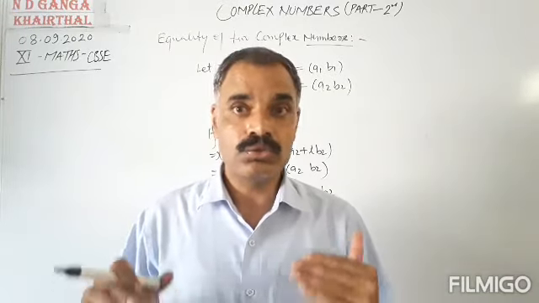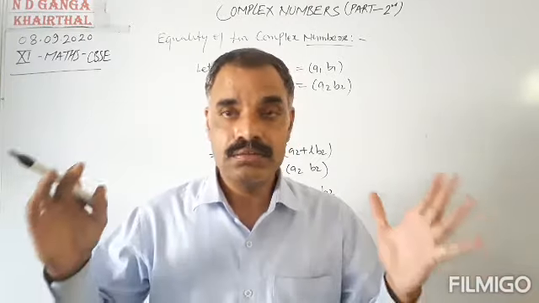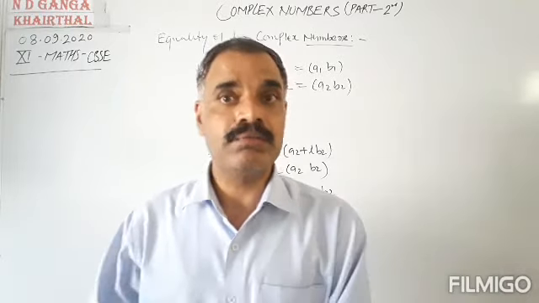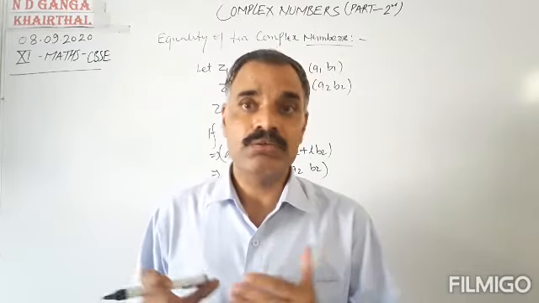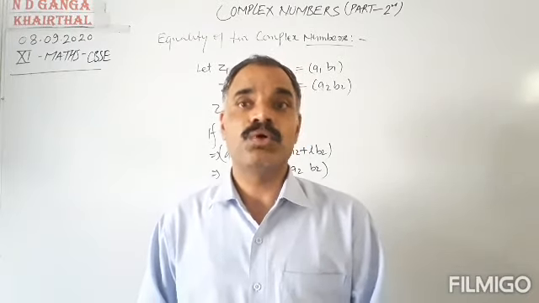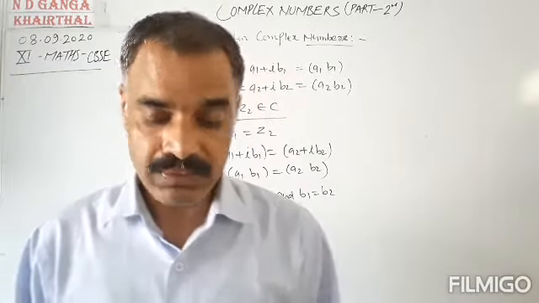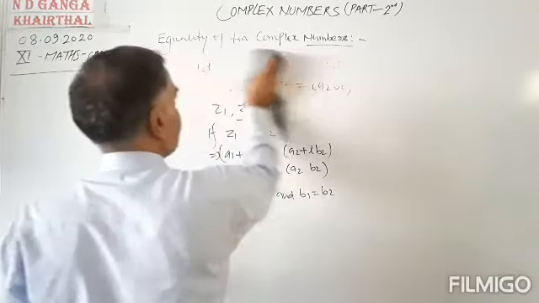So this is the equality of two complex numbers: two complex numbers are equal if their real and imaginary parts are equal separately.